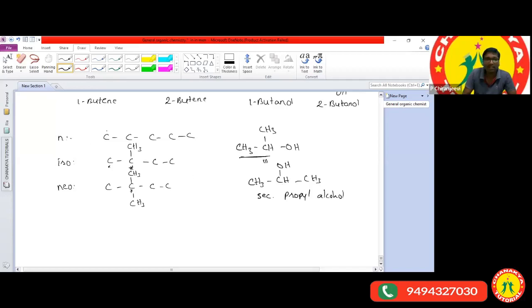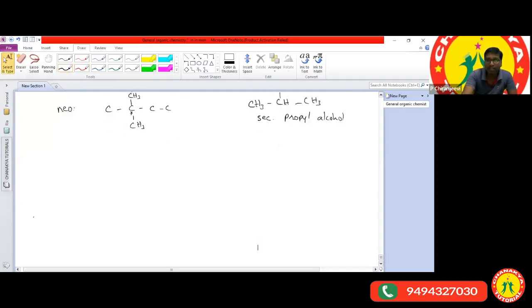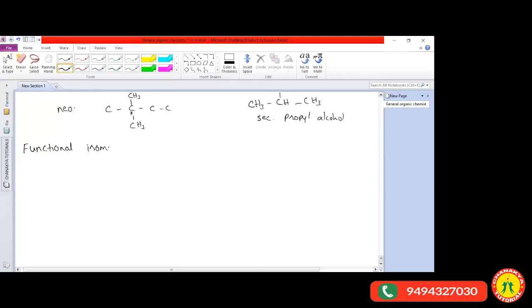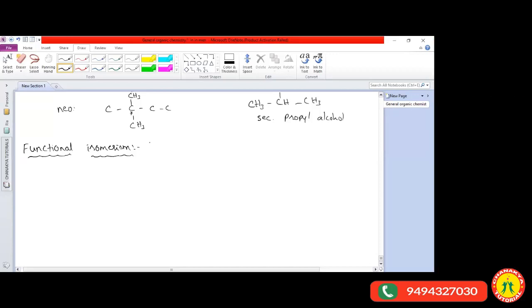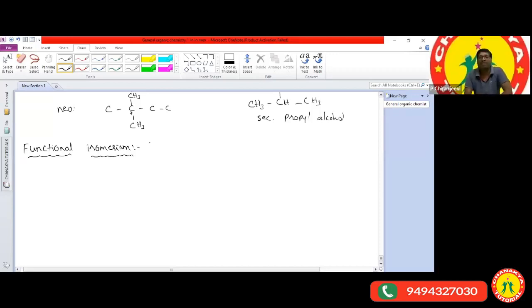Then next we'll go for functional isomerism. What is meant by functional isomerism? First of all, what is meant by the functional group?